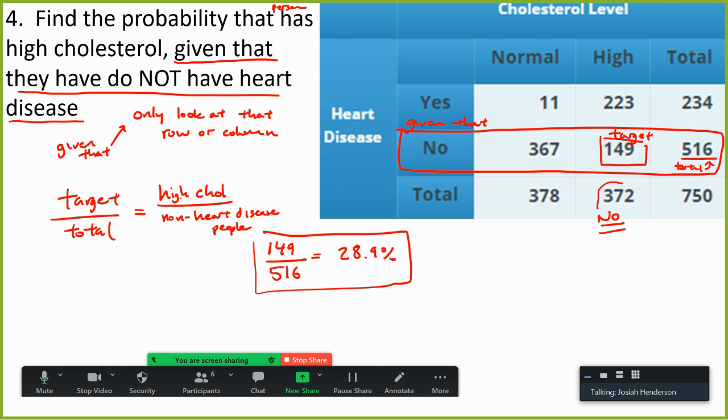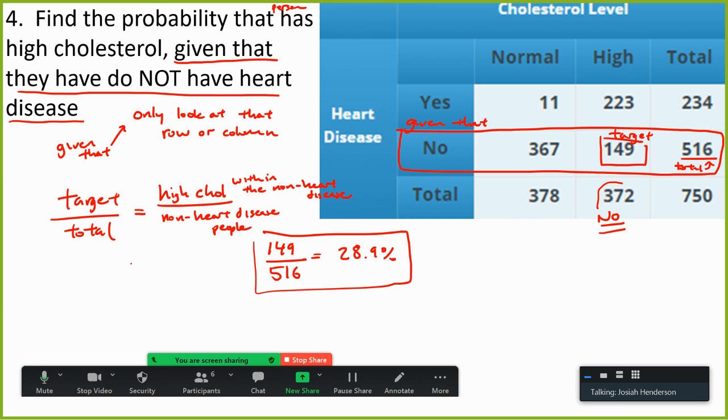It's not all high cholesterol people, it's the high cholesterol people within the non-heart disease people, the 149. I think it's easier to just focus on, if it says given that, temporarily block out the rest of the info from your mind except for just the given that's row or column.